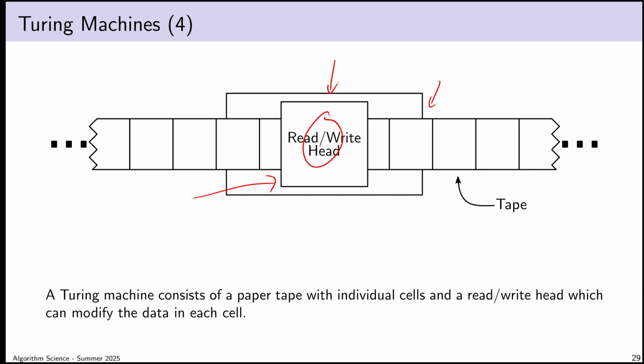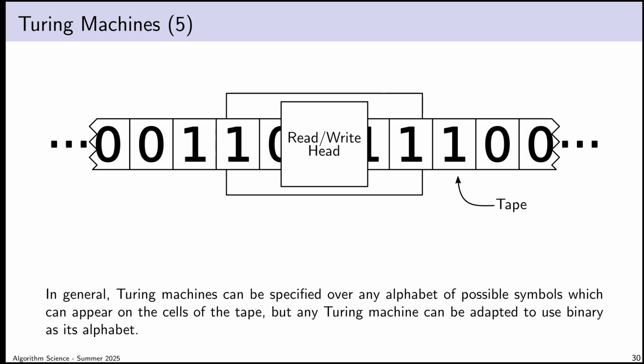The actions available are that it can modify the contents of that cell of the tape, and it can move the tape left or right. So it can scroll along through the tape. That's all it can do. And the behavior, exactly what it does at each step, is specified in advance. We hard code that behavior into the Turing machine.